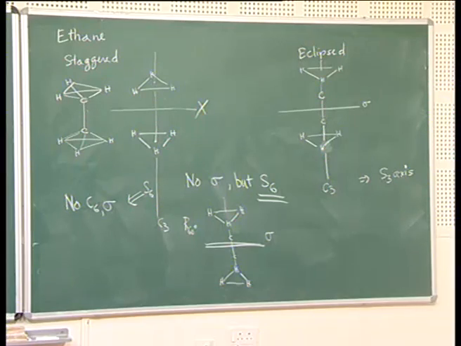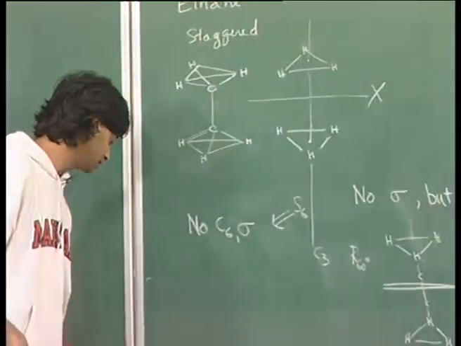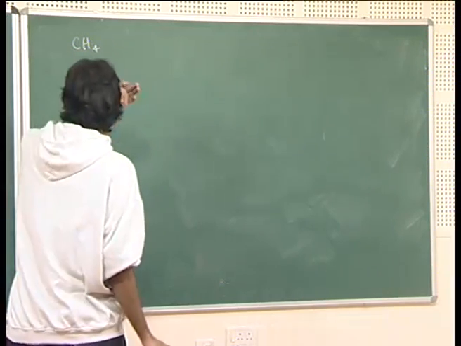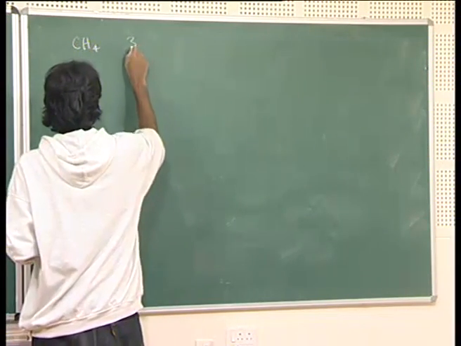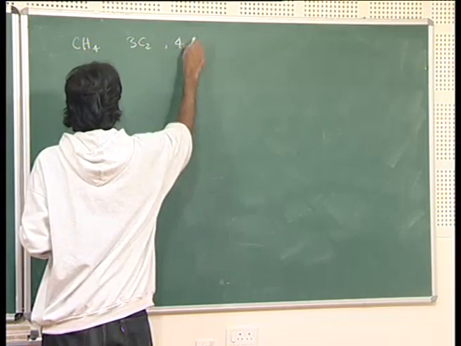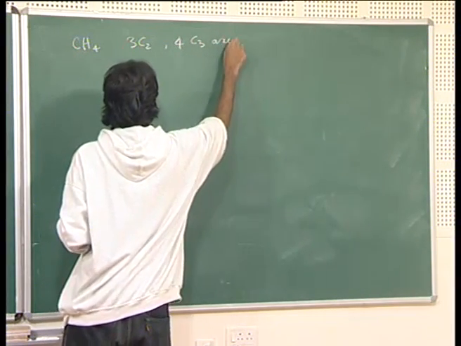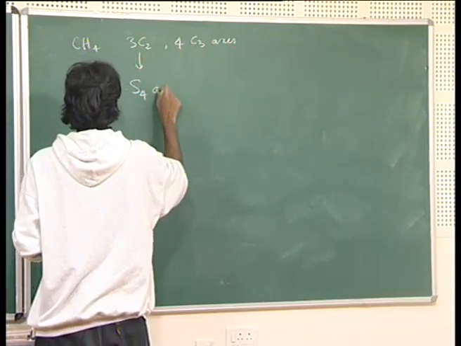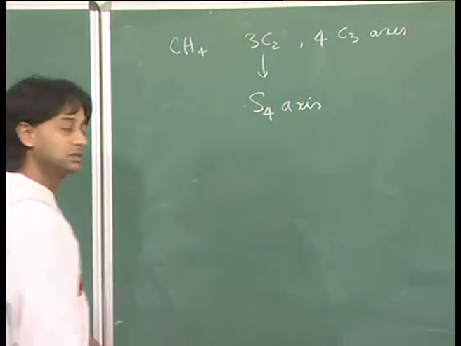Okay. Similarly, we will look at another example soon. So, suppose you take CH4. Okay, so we said that it has 3 C2 and 4 C3 axes. Now, each of these C2 is an S4 axis. Okay.